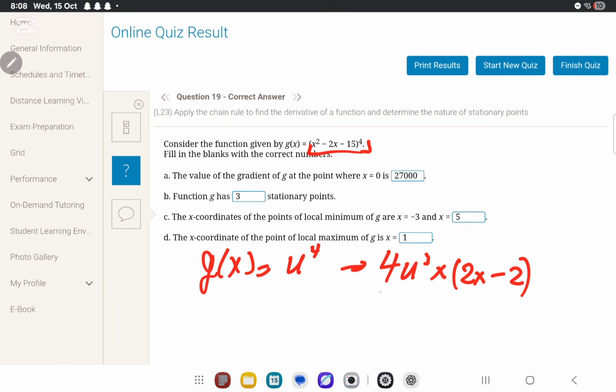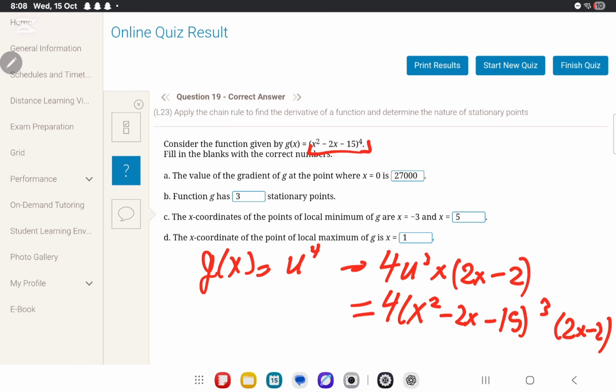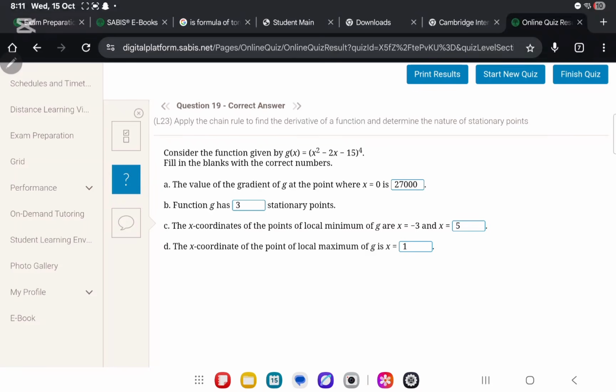So what's this equal to? 4 into x squared minus 2x minus 15 all cubed into 2x minus 2. Now, thankfully, they want it at a certain point where x equals 0. So, substitute x equals 0. So, 4 into 0 squared minus 2 into 0 minus 15 all cubed into 2 into 0 minus 2. This will give you 27,000, which is the answer.